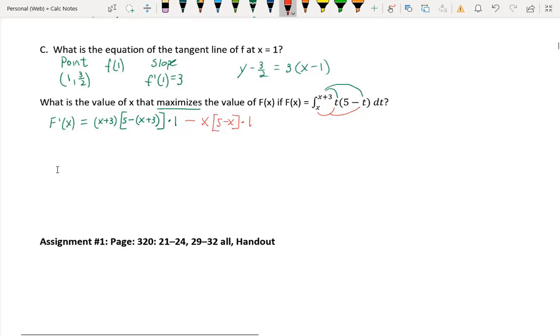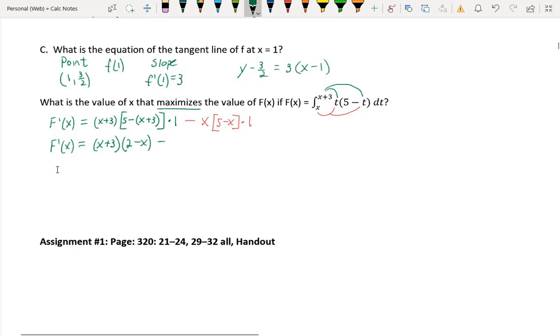All right, we can clean this up a little bit because we can't leave it like this. So we have f prime of x, and we have x plus 3 out here. On the inside we have 5 take away 3, which is going to be 2, and then minus x.